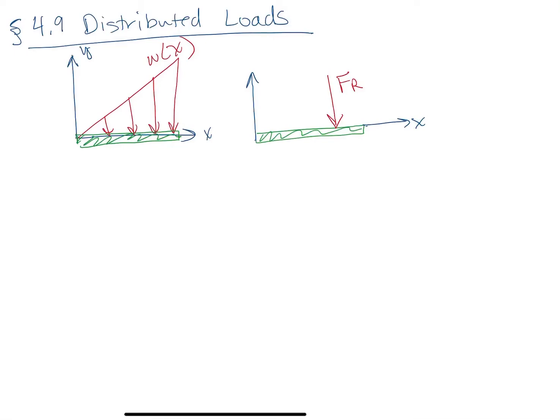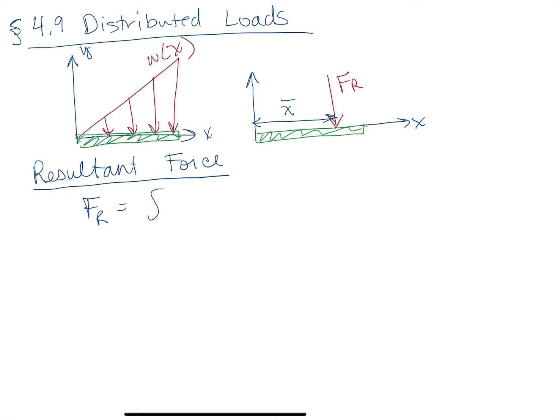So basically, to figure out the resultant force, we want to find the resultant force. We also want to find the centroid, or that position of where the force is. So for the resultant force, F sub r equals the integral along the length of W of X dx.